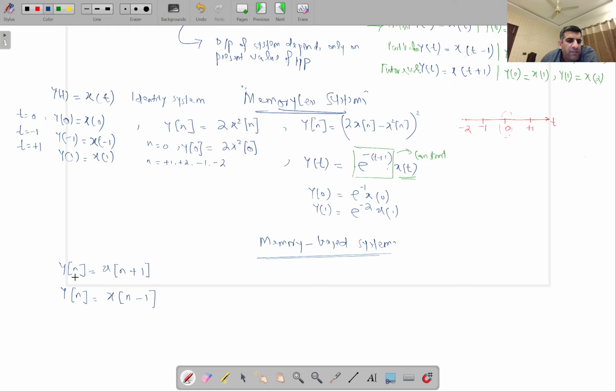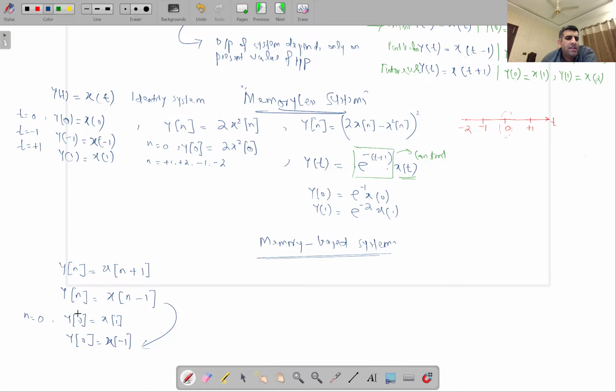So you can try different values of n. For example, if I just try the value of n equal to 0, what I can see is that y of 0 is going to be, in this case, equal to x of 1. Whereas for this particular system, y of 0 is going to be equal to x of minus 1.